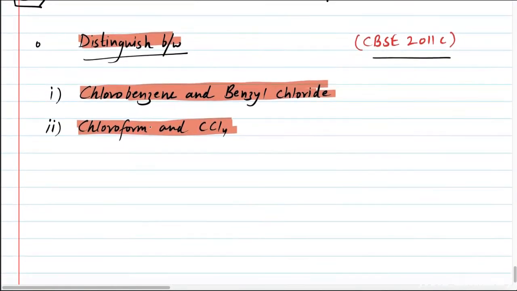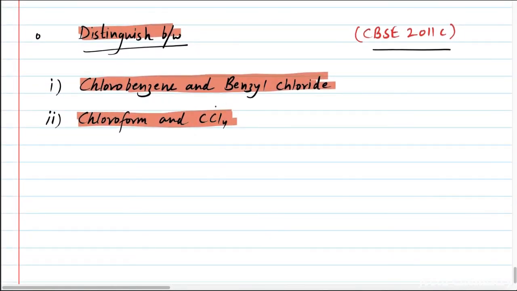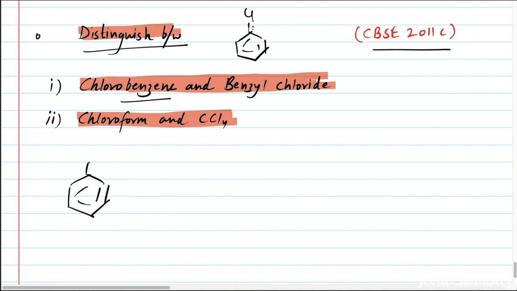Okay, the next one is distinguish between chlorobenzene and benzyl chloride. So chlorobenzene contains double bond character due to resonance, and benzyl chloride, as you can see, this is your benzyl chloride, meaning pure single bond. So by adding AgNO3, silver nitrate, and this is your answer.